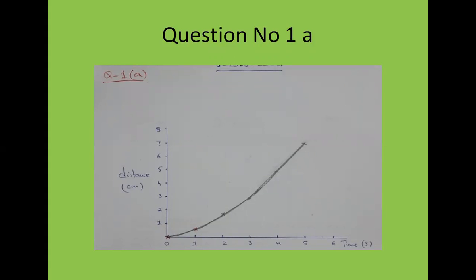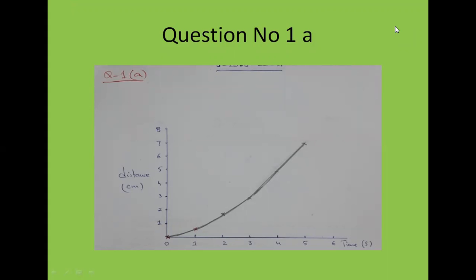We are talking about a distance time graph, remember. The gradient of this distance time graph is equal to speed.